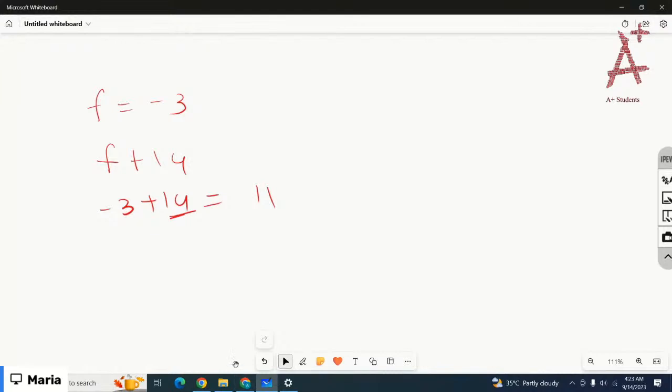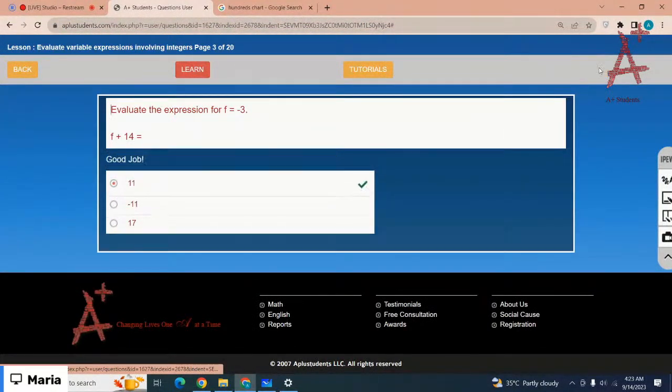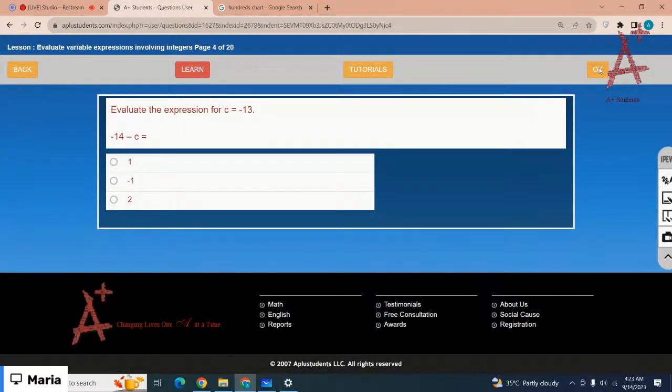Okay, the next one is c equals -13, right?